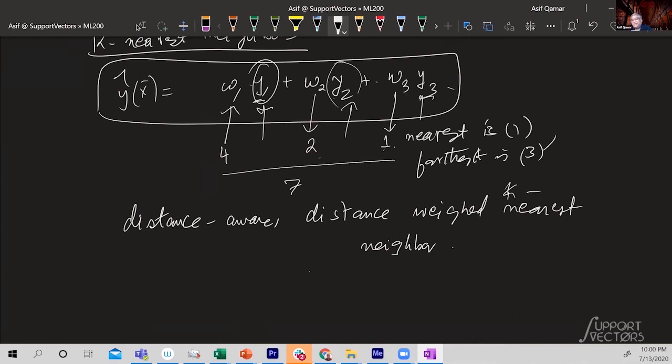But suppose you take K as very big, K equal to 50, but your 50th neighbor is very far away. What will be the coefficient here? It will probably be 0.001, something very small. The idea is that you make the far off neighbors' influence very small, so that they don't have as much vote as the first one.